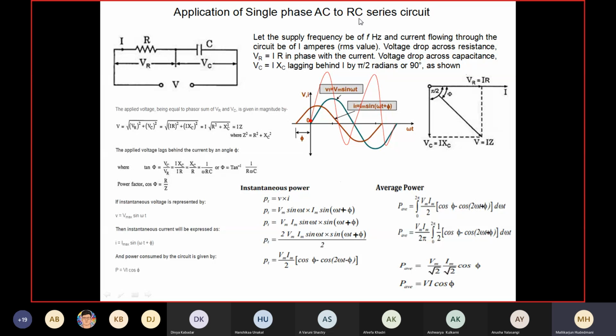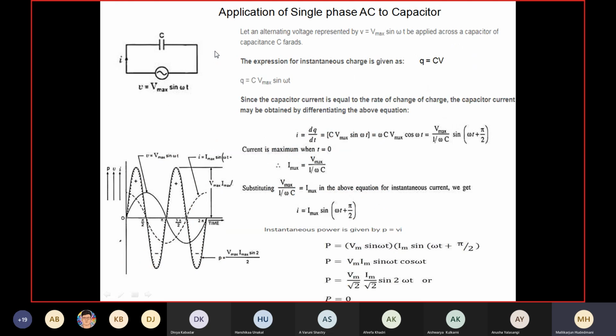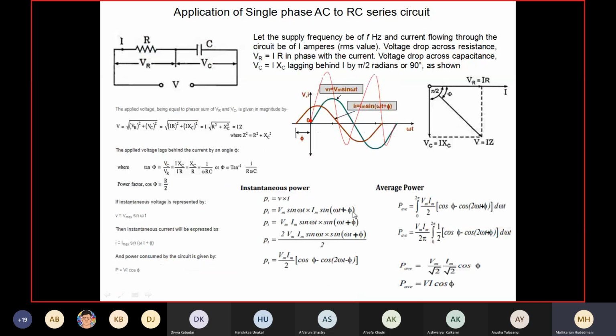With respect to V, current is above this, leading it by an angle phi. Then I can write the equation for the current. V being Vm sin omega t, I can be something like I max sin(omega t plus phi).